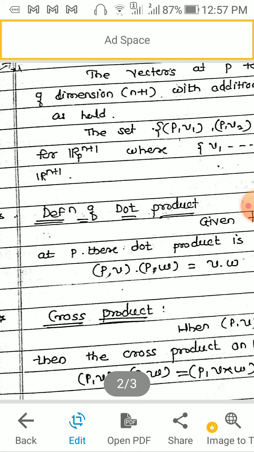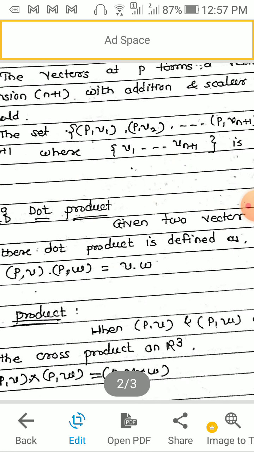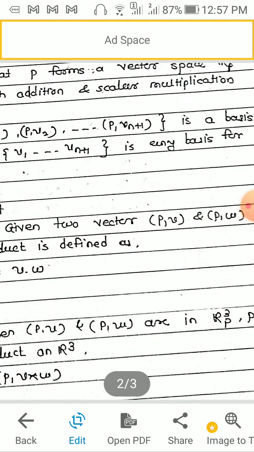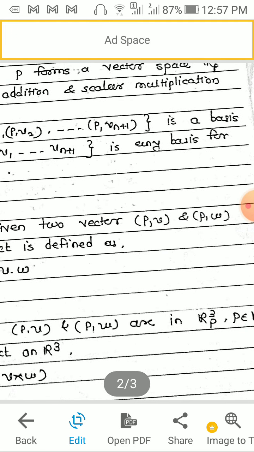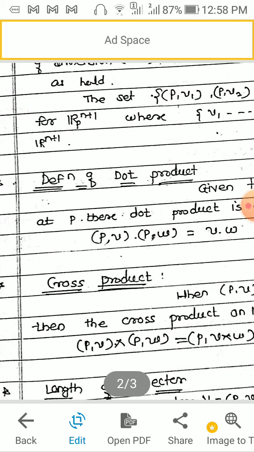So this basis contains n+1 vectors defined at the same point P, where V1, V2, ..., V_{n+1} are any basis for R^{n+1}. These are free vectors. And if all these vectors are put at point P, then (P,V1), (P,V2), etc. will be a basis for R_p^{n+1}.